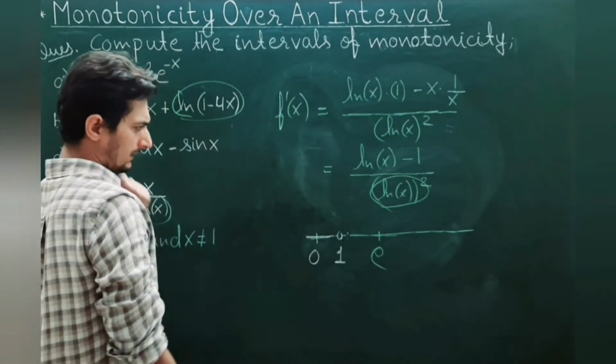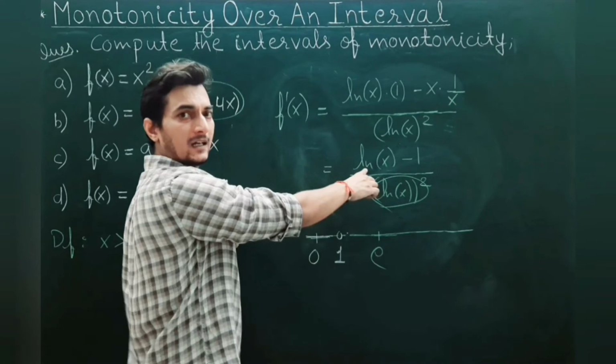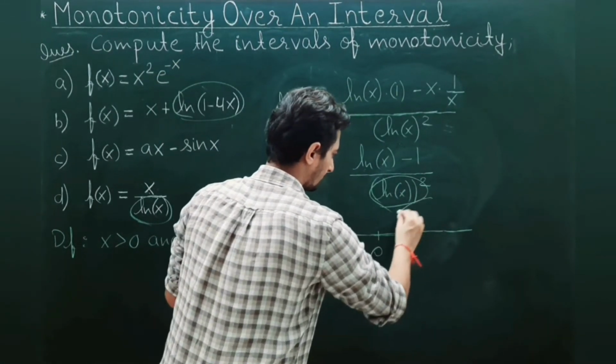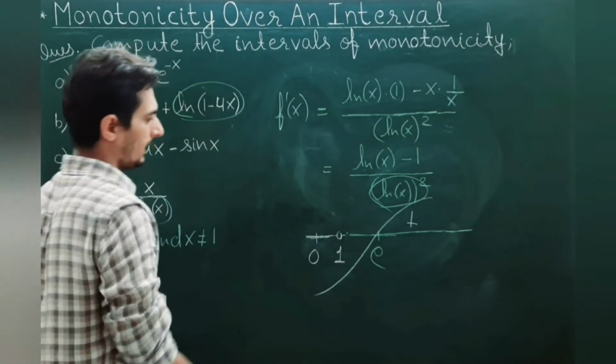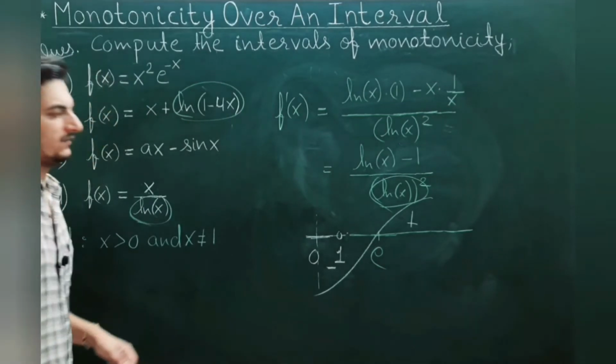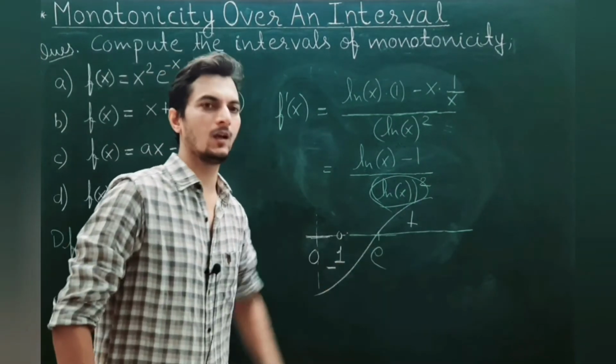Now about the sign curve, when x is greater than e, this is greater than 1 or positive. Here it is positive and here it is negative, right? So this is where f dash x is negative and here it is positive.